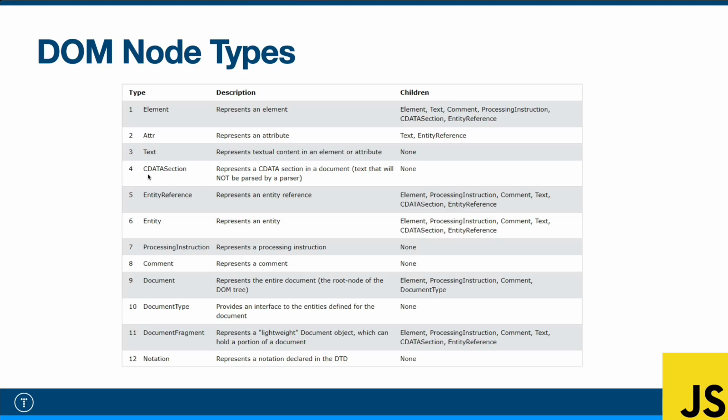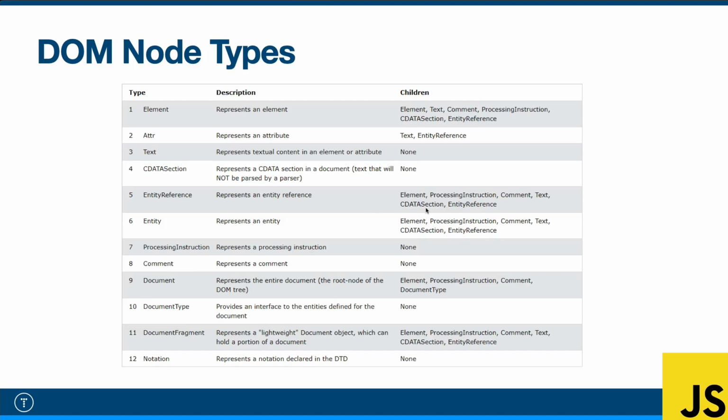We also have this CData section, which represents a CData section in a document, which is text that will not be parsed by a parser. We also have entities and entity references. This stuff isn't really that important to you right now. Comments, so if you have a comment, that is also a separate type of node.